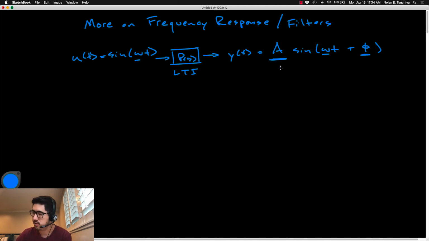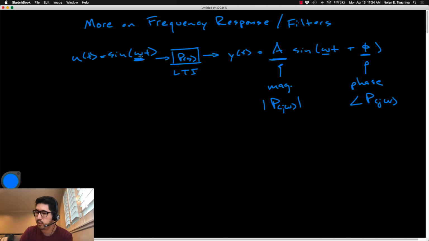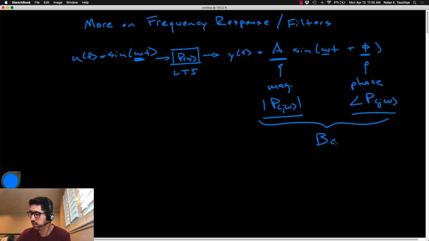Okay, and then it turns out again that these two parameters, the magnitude and phase, are both functions of that input frequency itself. So as you change the frequency of the input sinusoid, the output is going to change in its magnitude as well as in its phase. And then to characterize the system, if you were to plot these two parameters together on the frequency scale, you get something called the Bode plot.